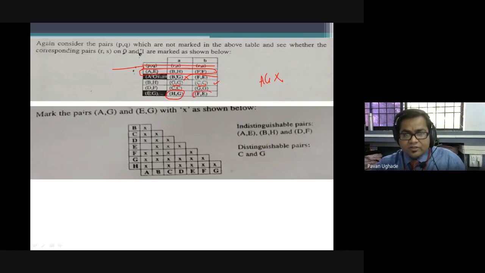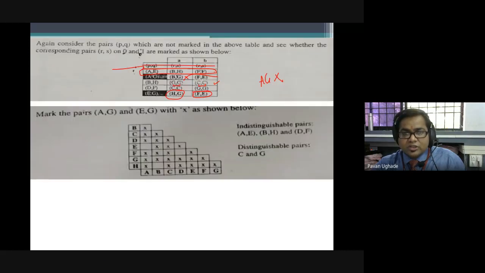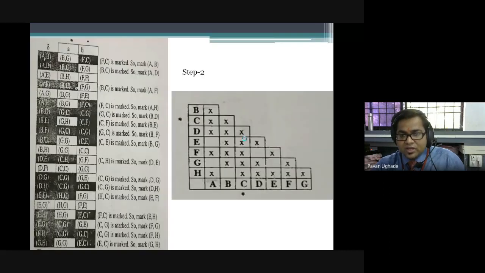Here also, check HG or FE. You check the combination whether it is blank. H and G, this is crossed. Check with the other combination, FE, this is also crossed.